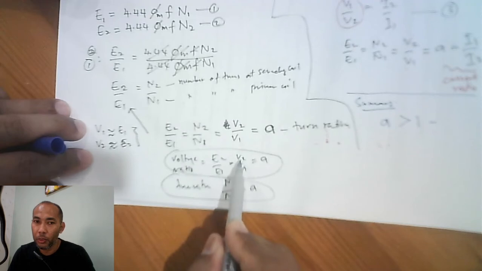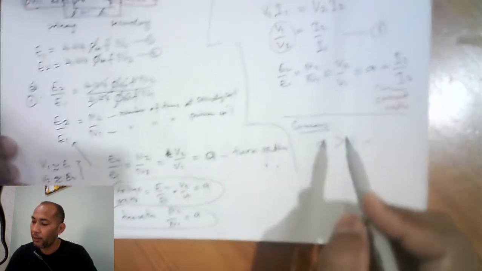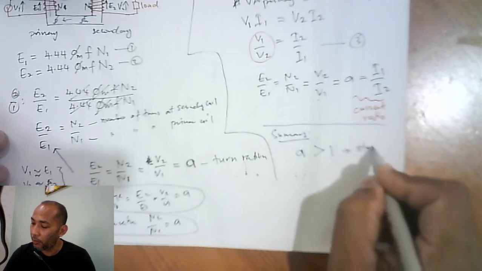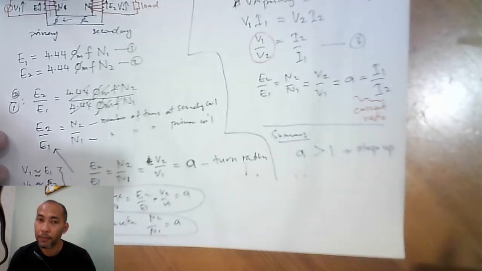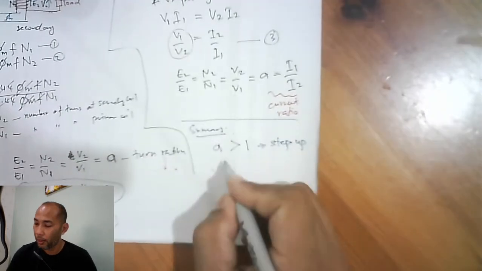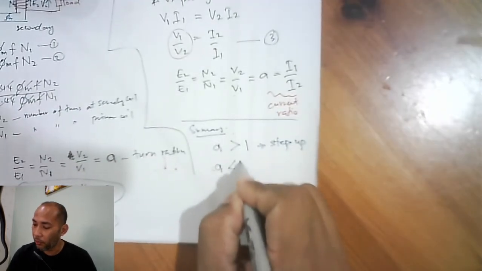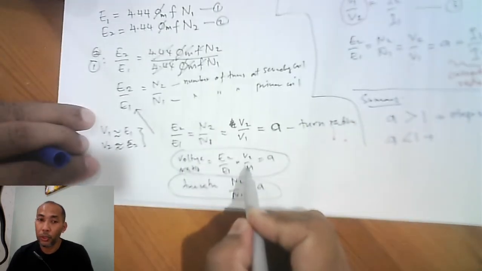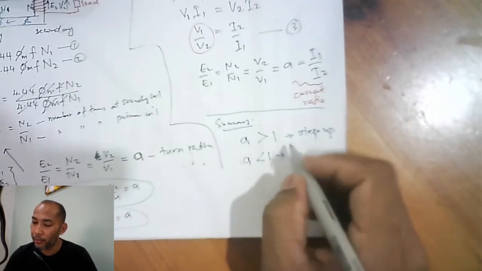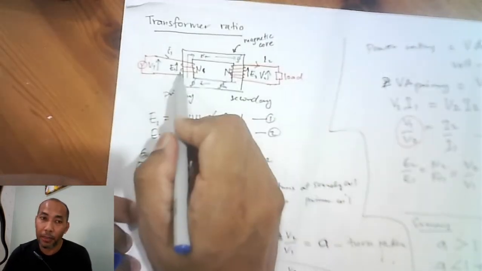We call that a step up transformer. If A is less than 1, it means that V2 is less than V1, the secondary side is less than the primary side.